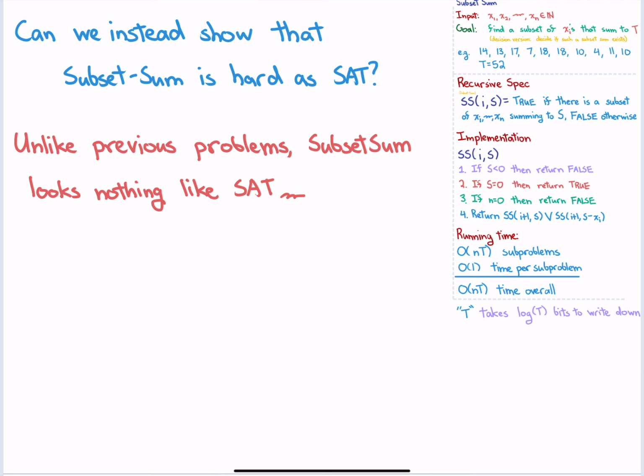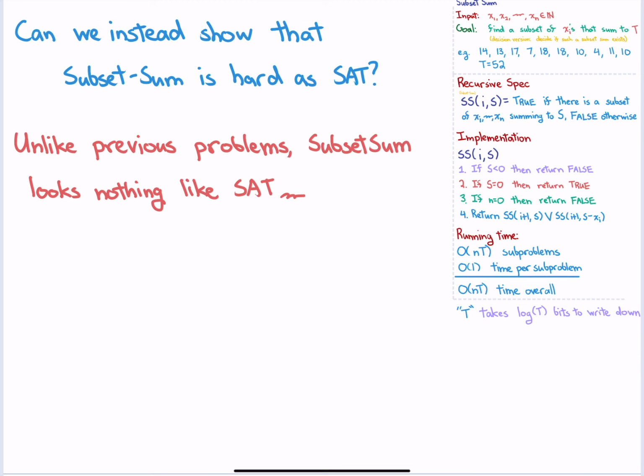So you can imagine writing a Boolean formula that takes as input n bits, 1 or 0, where true means I include x1 and false means I don't include x1, and the second variable works the same way. That formula will come out true if and only if the numbers corresponding to the true Booleans add up to t.